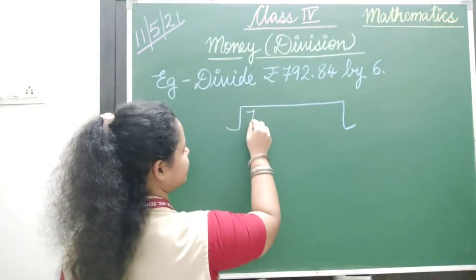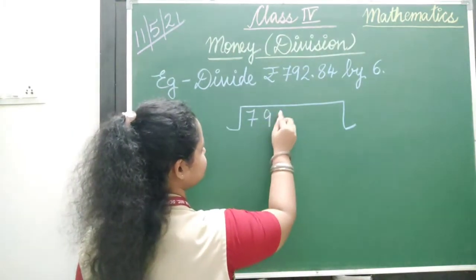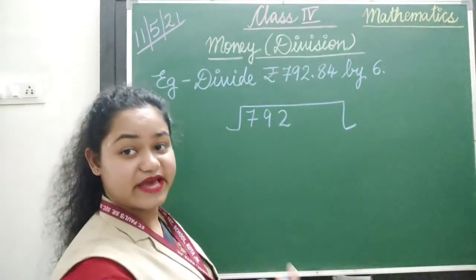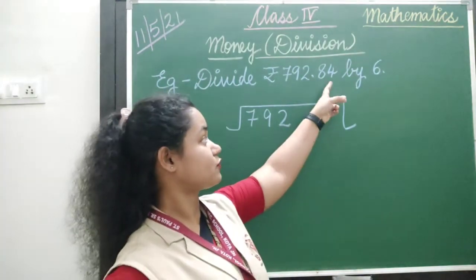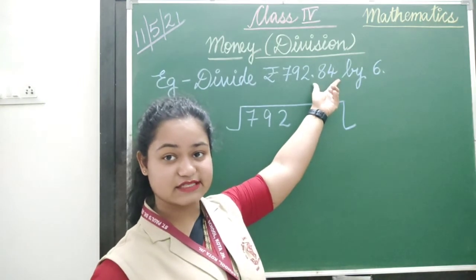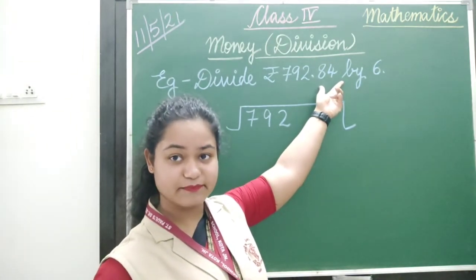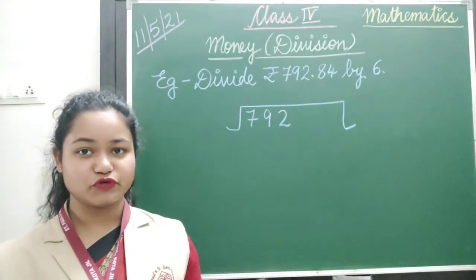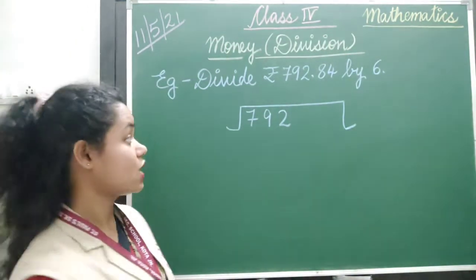In this house I am going to keep this quantity, 792 and 84. Since it is paise, after the point whatever digits are given are considered as your paise. Yes, in last to last class I told you this.